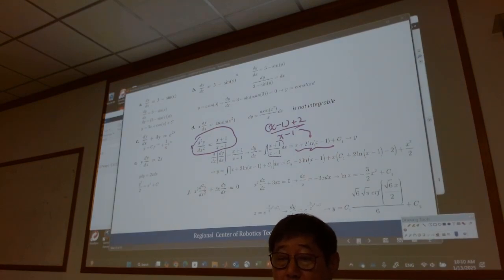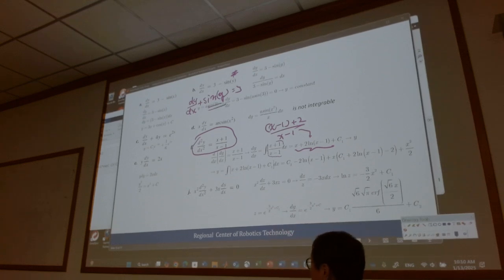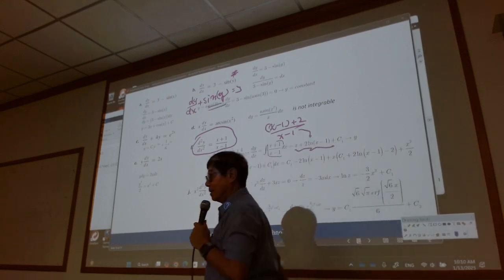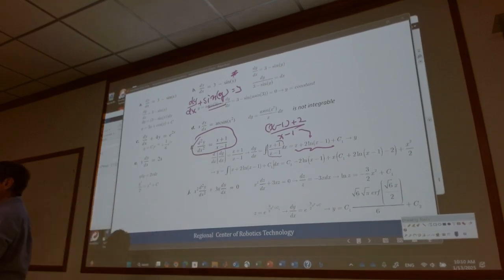If instead of y it is x, it's easy to solve. But because it's y anyway, it's nonlinear. Look at this one, dy by dx plus sin y equal to 3. This is nonlinear. So nonlinear normally has no general method.